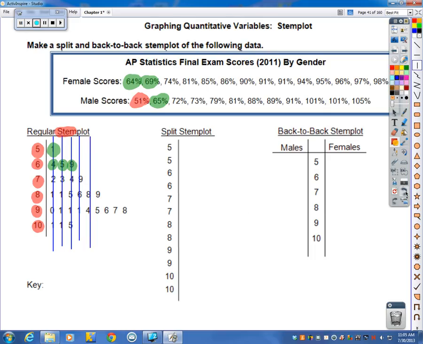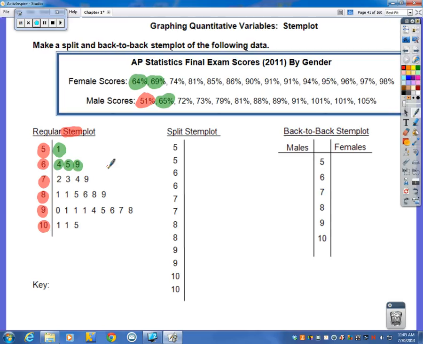If you start squeezing numbers in too much, then you start to lose the shape. You don't want to scrunch them in, because then you won't be able to see that, hey, that's really where the peak of the distribution is. So make sure all your numbers are evenly spaced out between rows. And if I went through and completed all those out, voila, there's my stem plot.